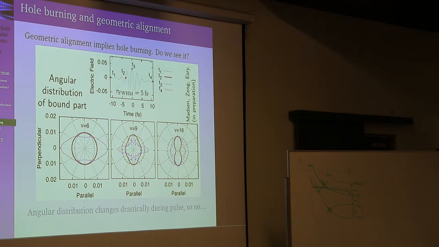And again, you can go through these pictures, and because of time, I won't go through all of the details, but there's no sort of dramatic evidence of hole burning in these, which would seem to indicate that there's not much evidence for the geometric alignment here. It's true that when you measure the final distributions, it tends to be aligned along the polarization. But that doesn't mean that you preferentially dissociated the things that were started along the polarization. That just means they ended there, okay?